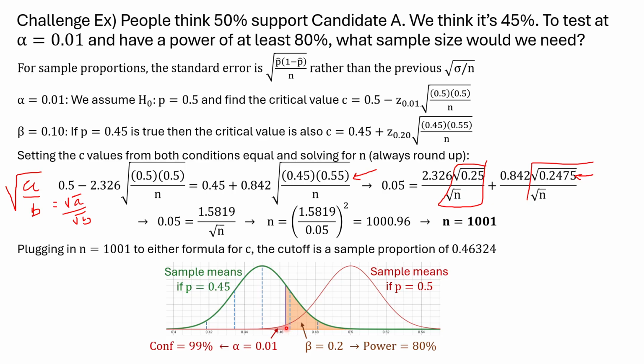About 1% of the sample proportions we would get if the true population proportion were 0.5, with a sample size of 1001, would be below that cutoff. So we would reject the null hypothesis when we shouldn't 1% of the time, and we will not reject the null hypothesis when we should 20% of the time. We have met every condition we hoped to meet.